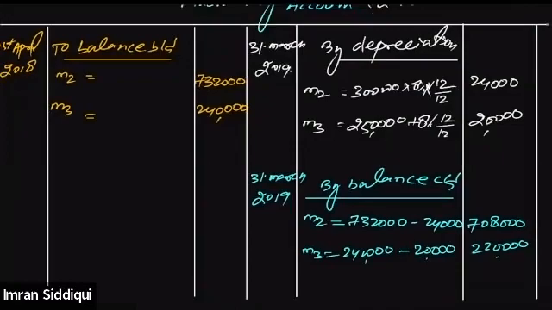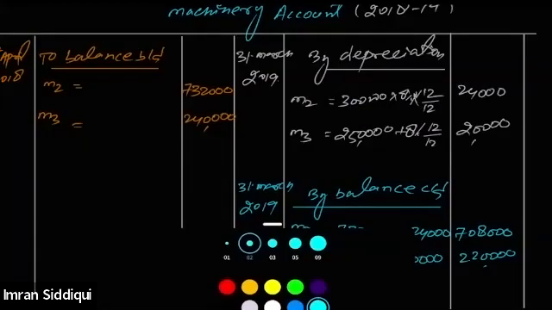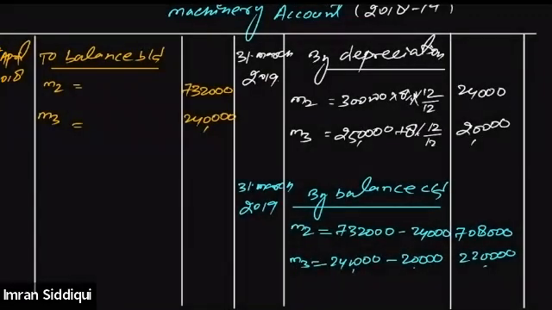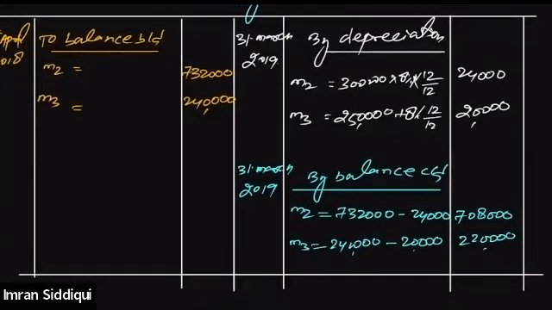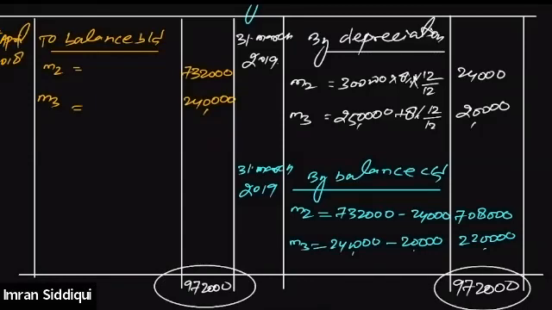All right, this is the end of this question. By totaling the credit side first, we'll write down the value. 7 plus 2 is 9 lakh and 72,000. And on the credit side as well, it should be 9,72,000.